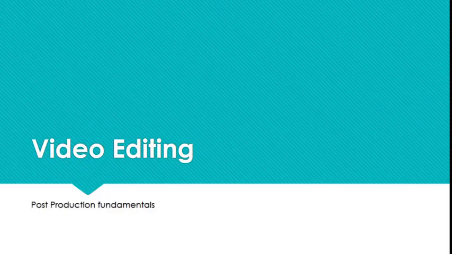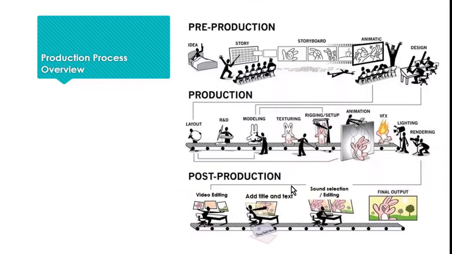Now all these clips we are going to combine in one video sequence. Before we go into tips in putting those clips together, let's take a quick overview of the video editing process, right? We so far have looked at elements of the 3 major components of the production process.